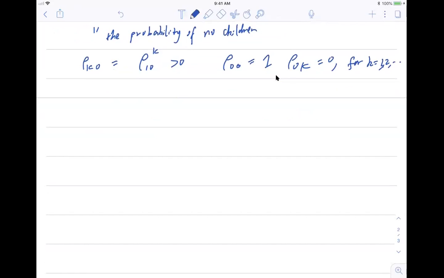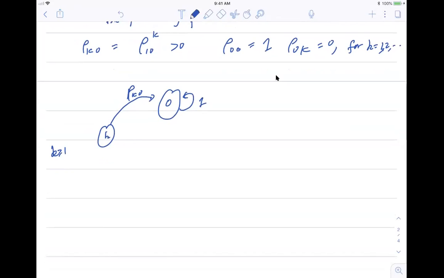If you draw a picture, this is state 0, and this is state k, where k is bigger than or equal to 1. This is the probability rho k,0. And if you reach 0, you always return to yourself. So 0 is recurrent. Why?